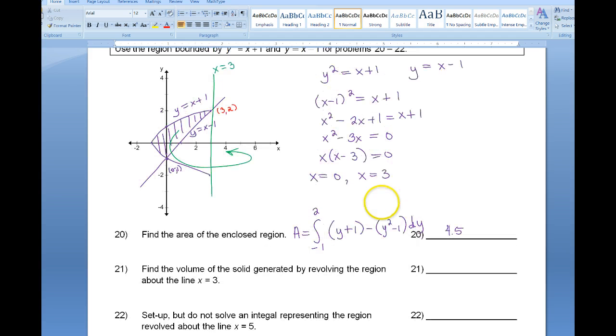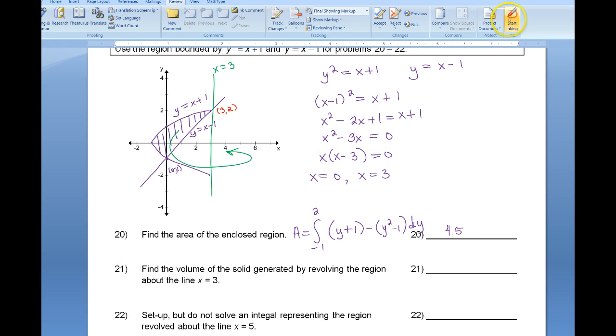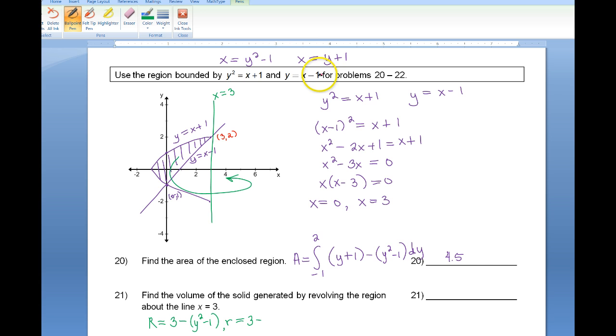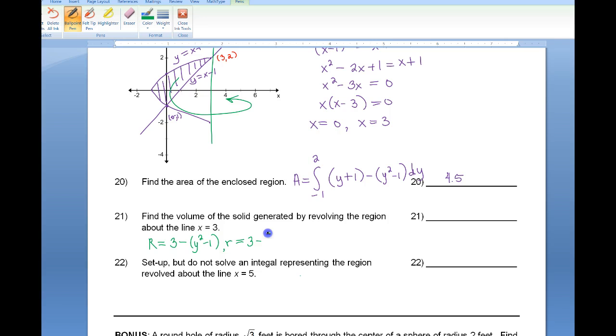So if I just consider big R, my big R is going to be 3 minus, and the outside part is going to be the parabola, so it's going to be 3 minus (y squared minus 1). And my small r is going to be 3 minus the line, and that's going to be y plus 1.